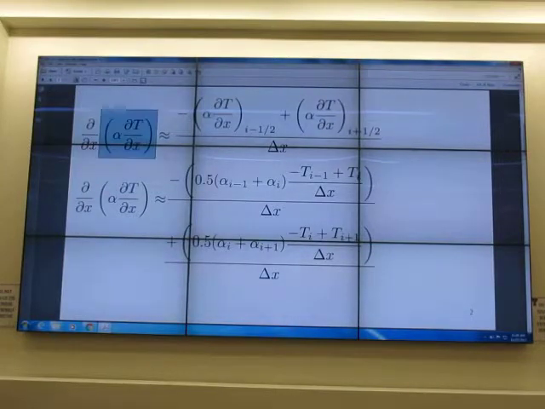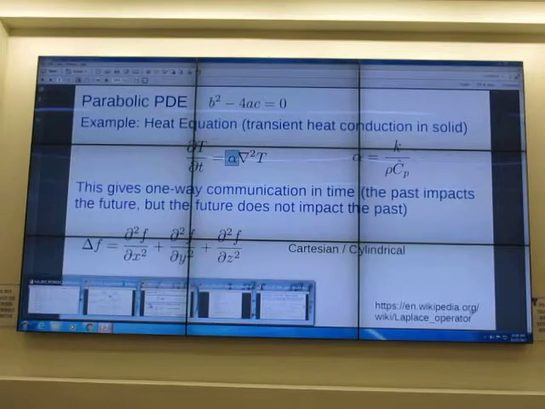So that parenthesis at i minus half, I multiply by minus 1, plus 1 multiplied by that parenthesis at i plus half, divided by delta x. It's like the slope is delta y by delta x, right?